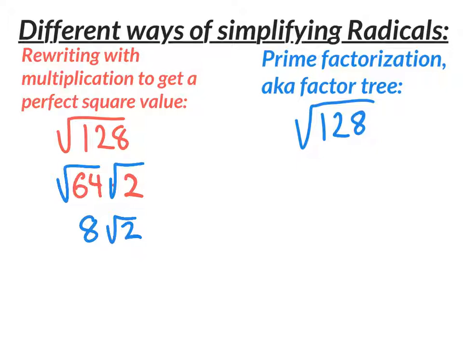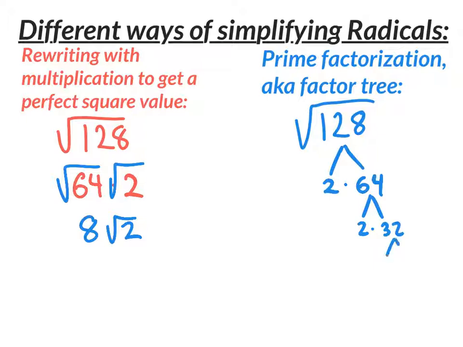Now let's do this same exact problem, but with the other method, the prime factorization or the factor tree. So 128, you could break it down to anything you want. You could say, okay, 2 times 64. And then the 64, you could break it down to 2 times 32, right?